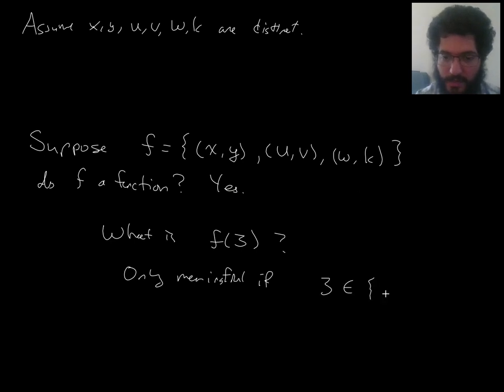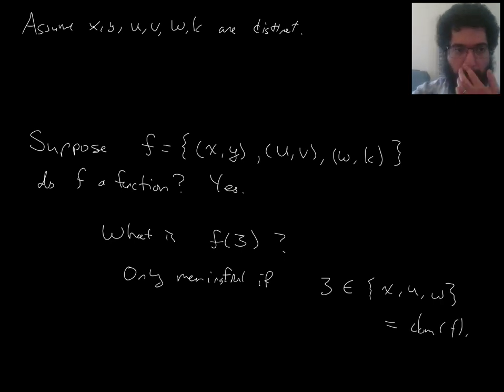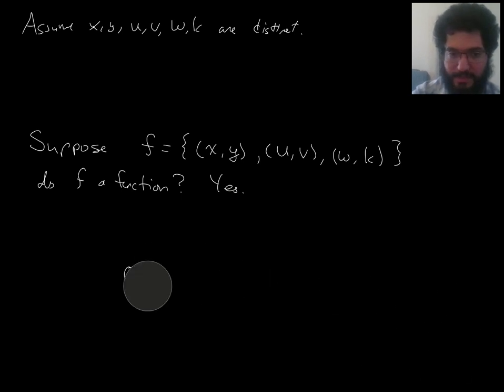So let me put it this way: if 3 is in this set, which is the domain of f. So it gives the same kind of error that you would get if f were not a function, like we were just looking at.